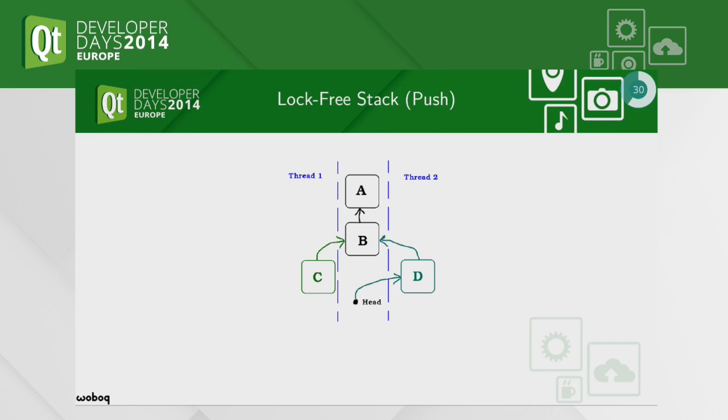In that case, thread 2 succeeded, and if we were now to just change head to C, we would leak the D. But what happens here is that the atomic operation fails, the test and set fails, so it returns false, and we can try again. And we try again with a new head now.